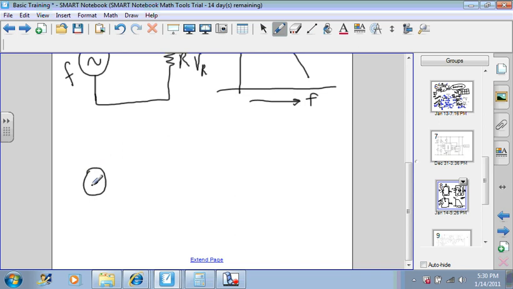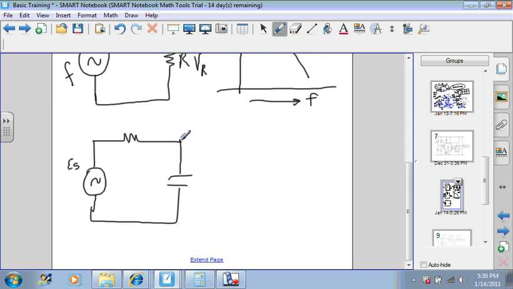And we said, okay, let's suppose we have an input. And I remember this in my training where we drew the circuit like this, and then we extended some wires out here, and we call this V out. And we will be required to change this to what we call V in.